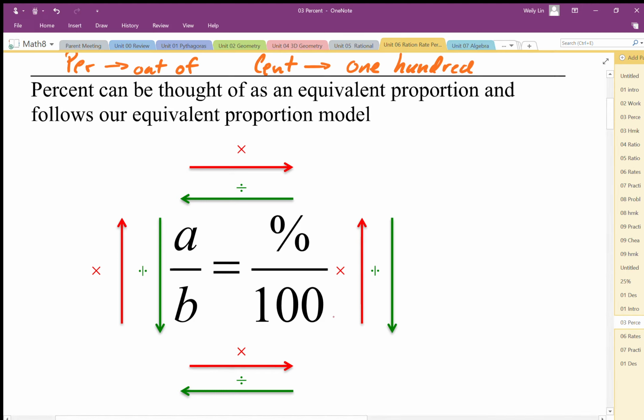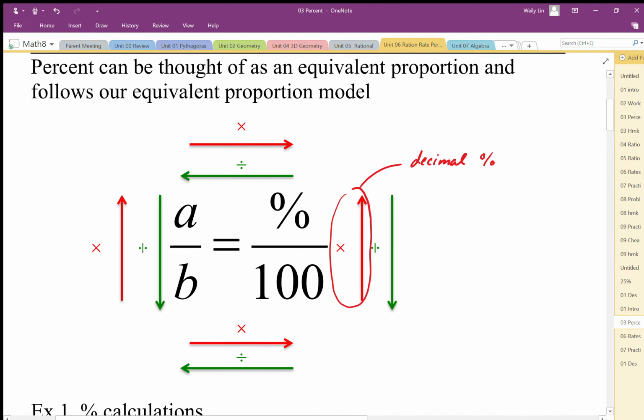So this one in particular, this is our decimal percentage. So this multiplier that we find vertically here is going to be the decimal percent, and we can use that as a multiplier, and essentially that becomes something that we're going to call a unit rate.